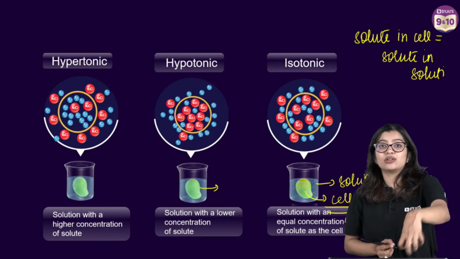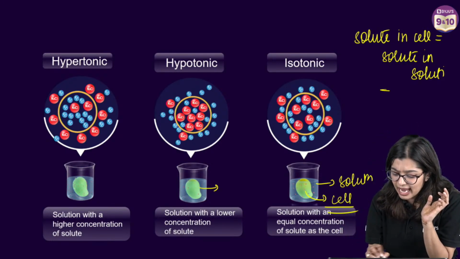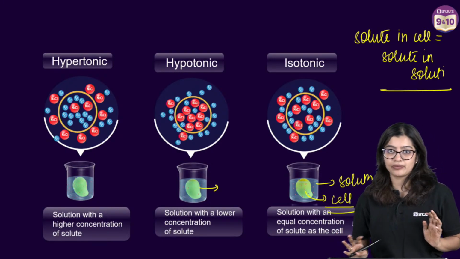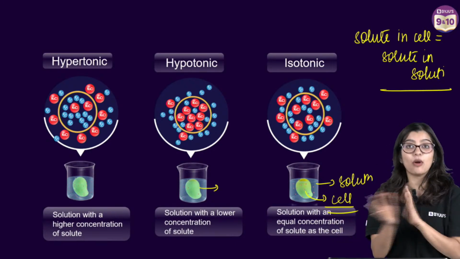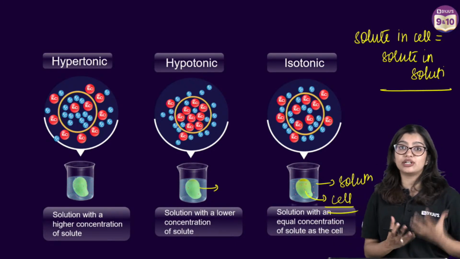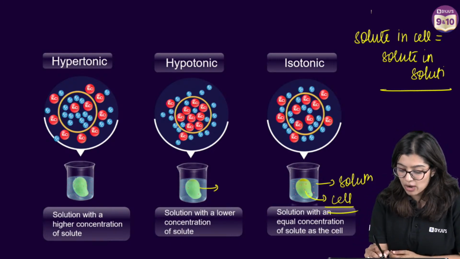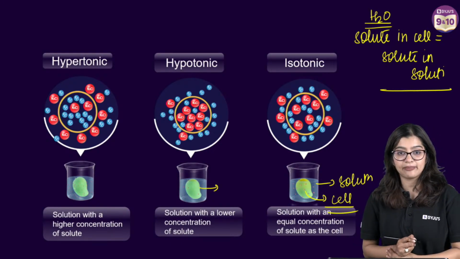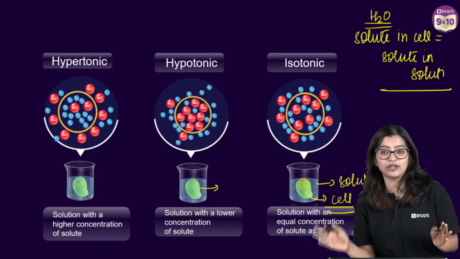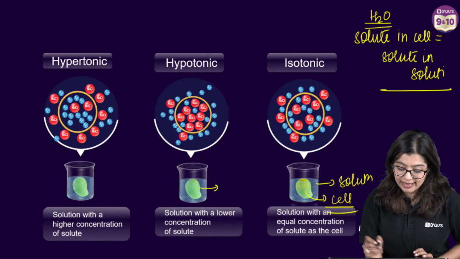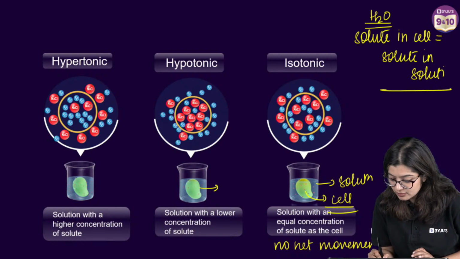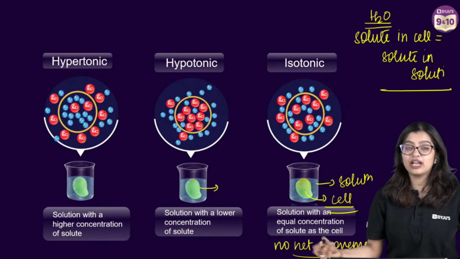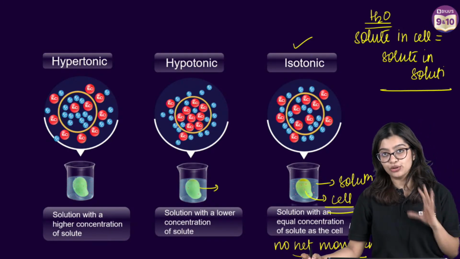How much ever solute is inside the cell is the same as the amount of solute in the solution. So what do we observe? There is no difference in concentration of water molecules either. The amount of water molecules is also the same. So there is no net movement of water molecules. Where there is no net movement of water molecules, we call it an isotonic solution.